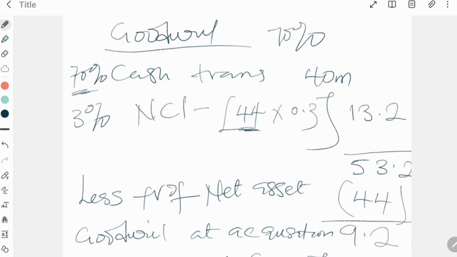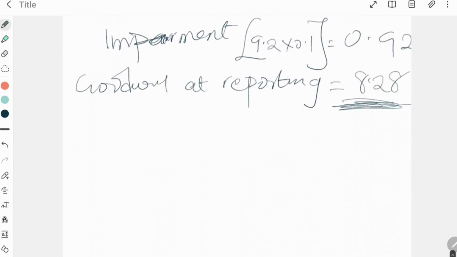Remember that net asset equals equity. So let me put that here as well. Most of the time, the net asset figure might not be given. You have to go to the balance sheet to know what the net asset is. So net assets equals equity.